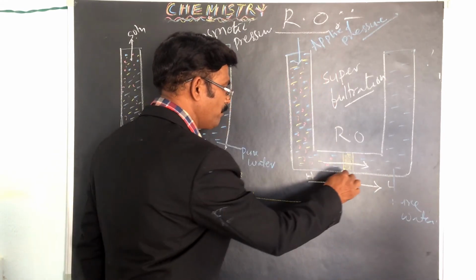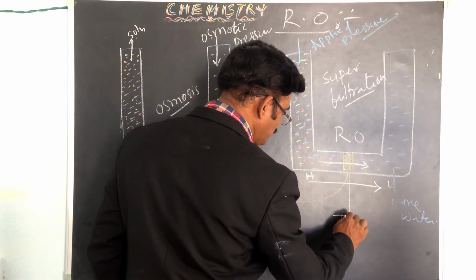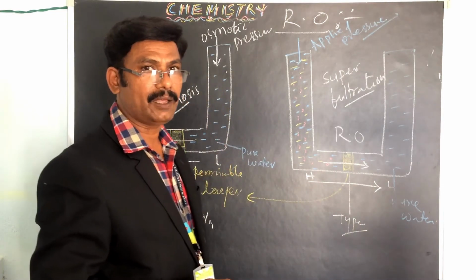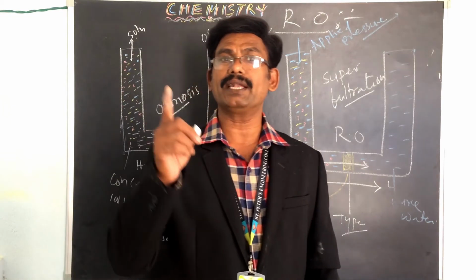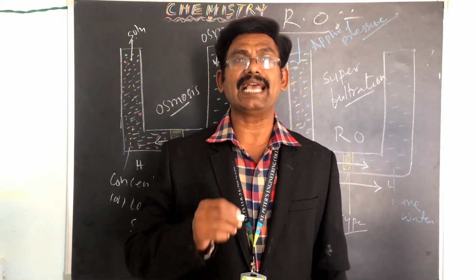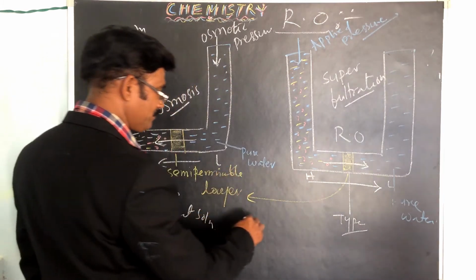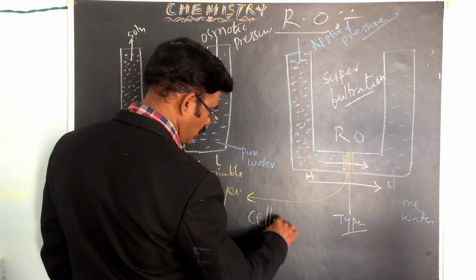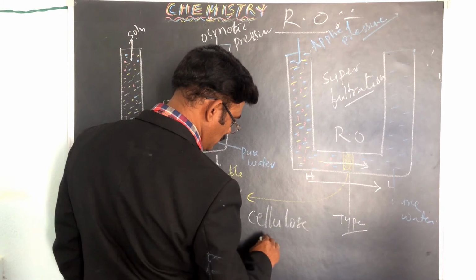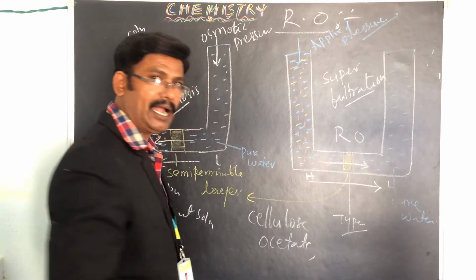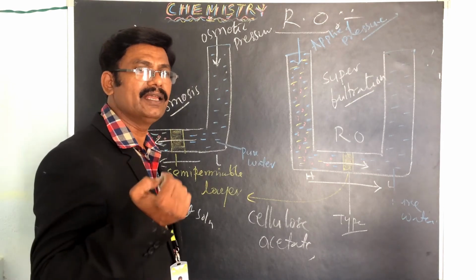This is very important, they will ask you in the objective questions. They are cellulose acetate, and another name, is there anybody?